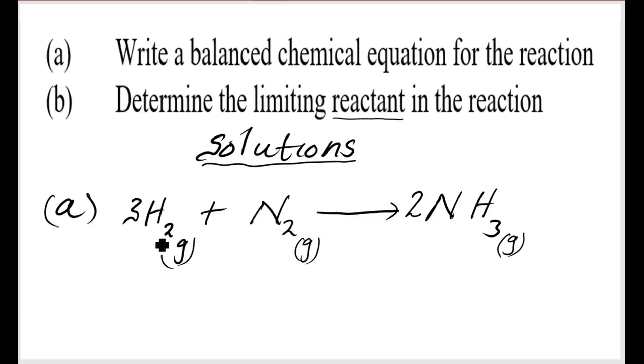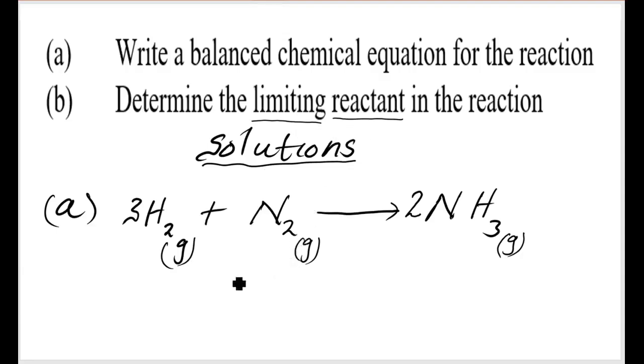Of these two, hydrogen and nitrogen, which one is going to be the limiting reactant? Meaning which one finishes faster as the reaction is taking place? Which one limits the continuity of the reaction? Which one is depleted first? That is what is meant by the limiting reactant.